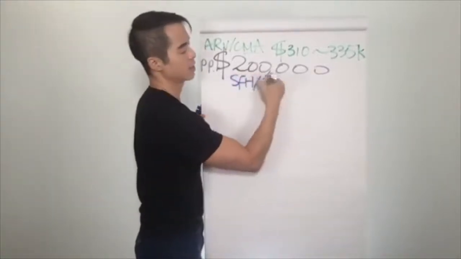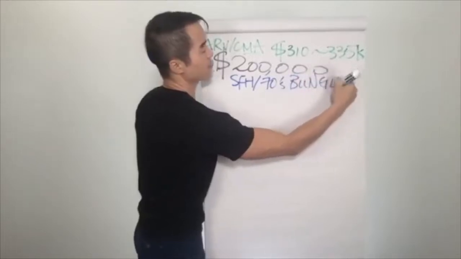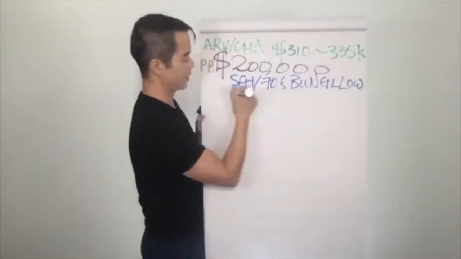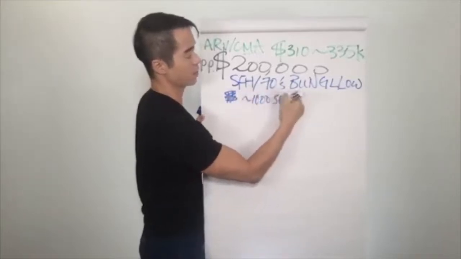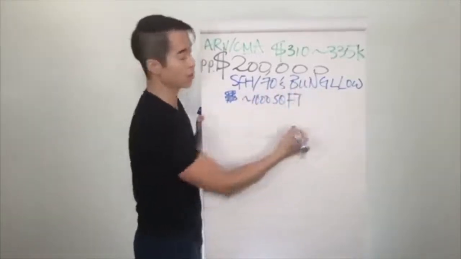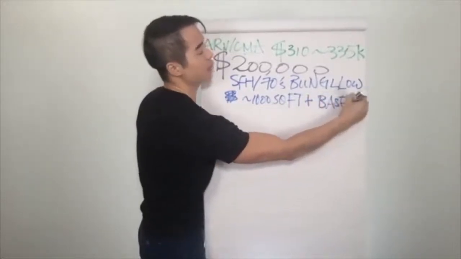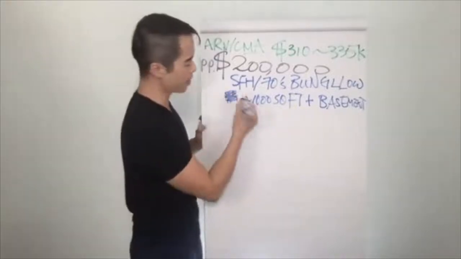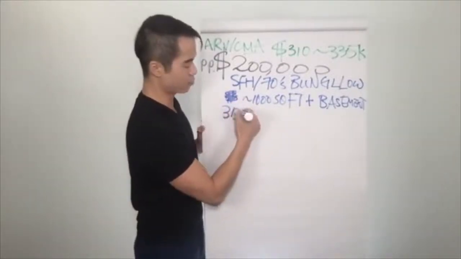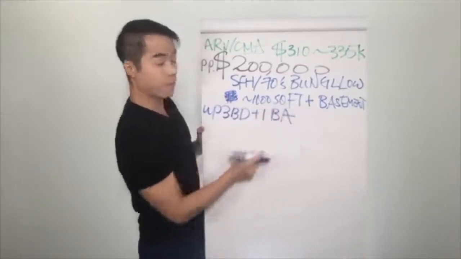And this is a 70s bungalow style, okay? 70s bungalow, and it's got approximately 1,000 square feet on the main floor, plus a basement that is almost about the same size, okay? And then upstairs, you have 3 bedrooms plus 1 bath, okay?